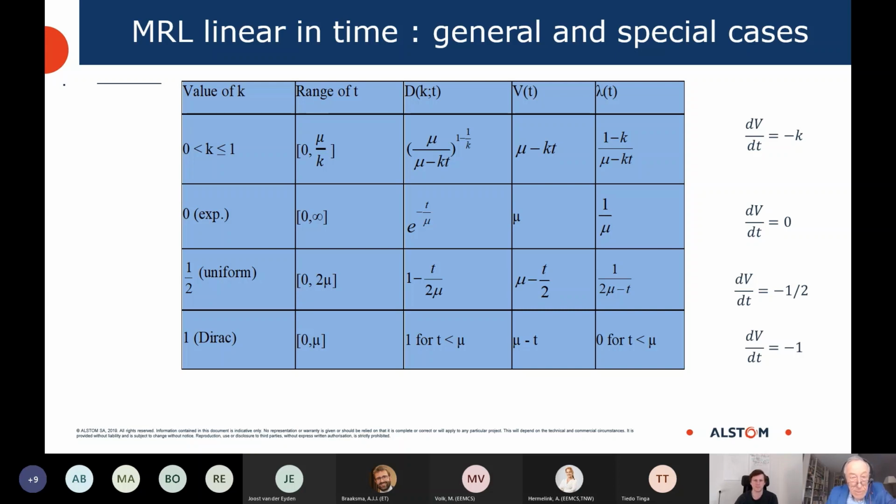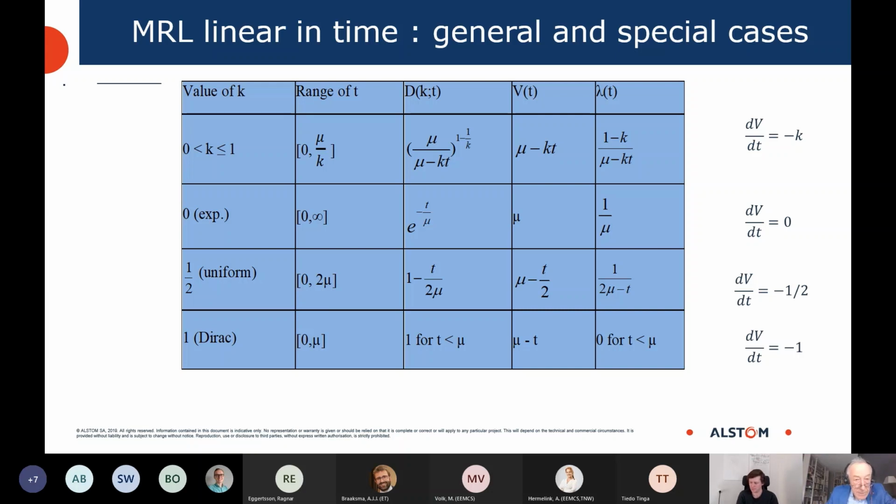Exponential, k equals 0: exponential function for the reliability function, constant MRL, and constant failure rate, which is reciprocal. Uniform: linear function for both the reliability function and the MRL. And the Dirac, where we have a step function for the reliability function and a linear function, but simple, and impulse function for the failure rate.